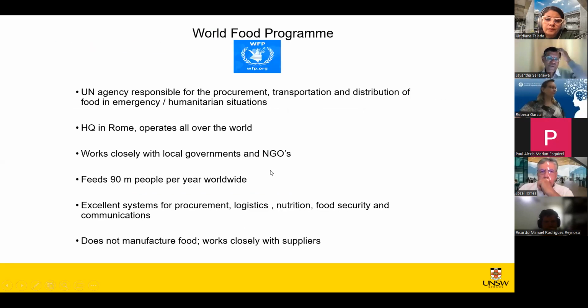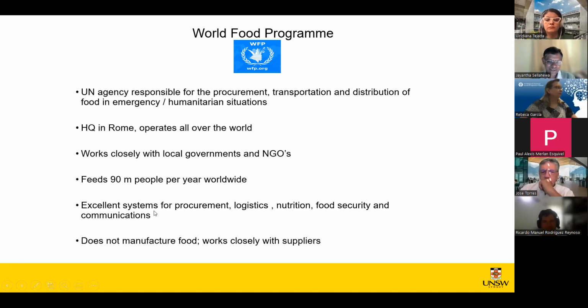So very briefly about WFP, as I mentioned, it's the main agency responsible for procurement, transport, and logistics. Their headquarters is in Rome, but they have operating offices all over the world, in every continent, but they don't work alone. They work with the local governments and NGOs. The scale is huge.